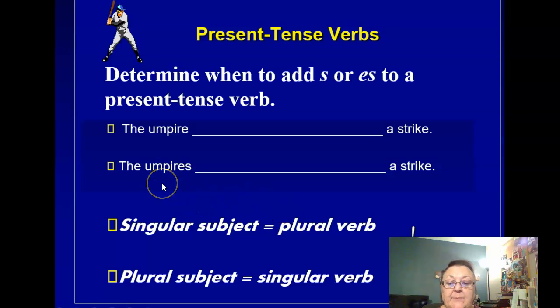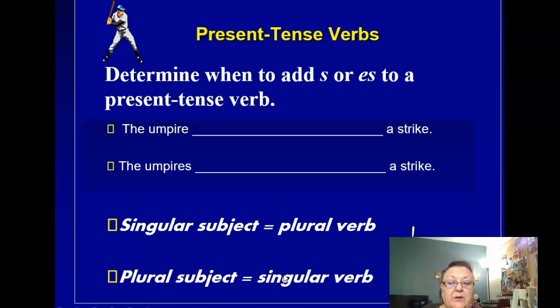Then our second example here, the umpires, there's an S here, so that means that's more than one umpire, so that's going to be plural. The umpires call a strike, so it's just going to be C-A-L-L, the singular verb, I'm sorry. So, singular subject equals plural verb. Plural subject equals singular verb.